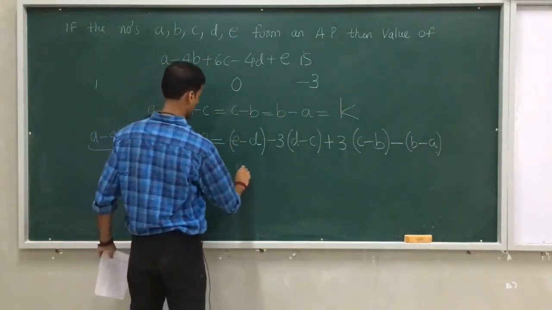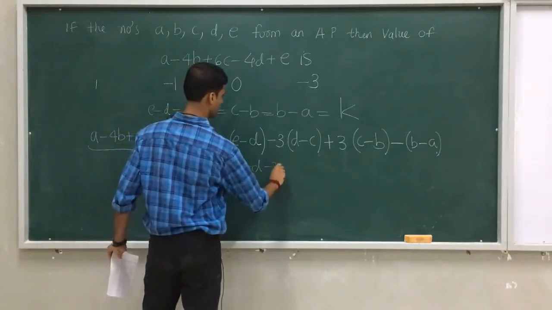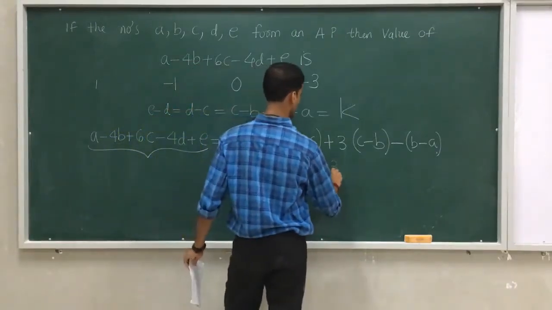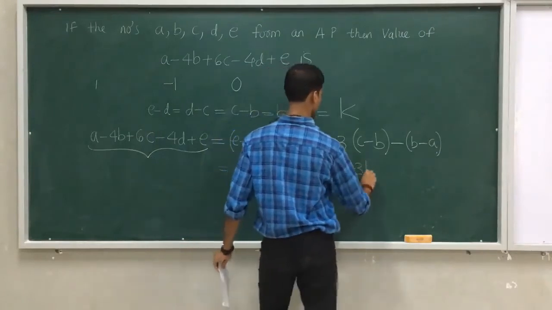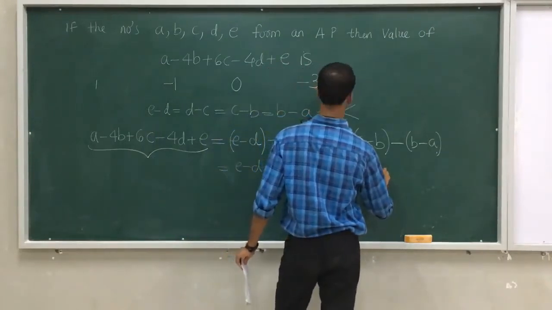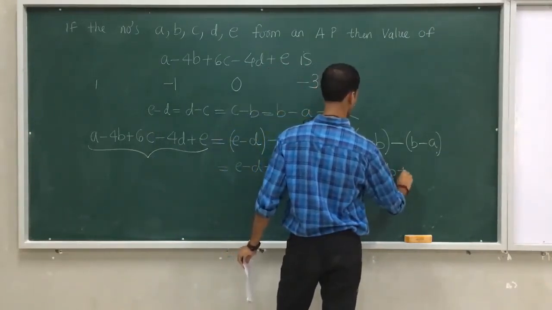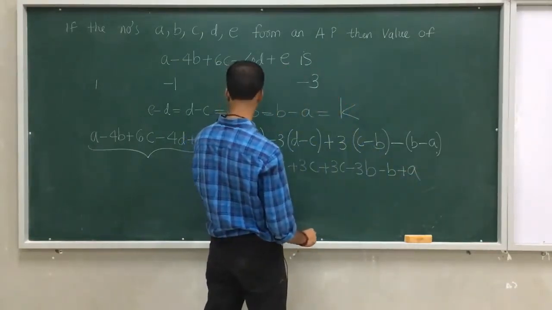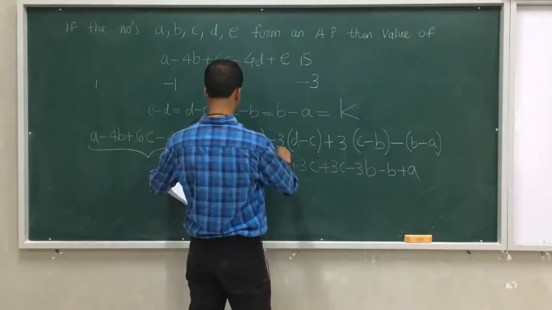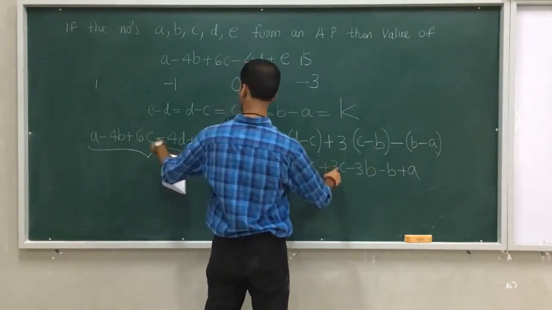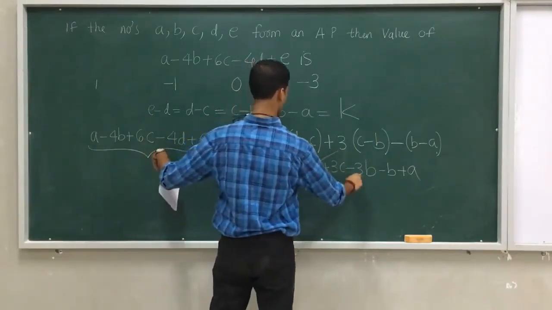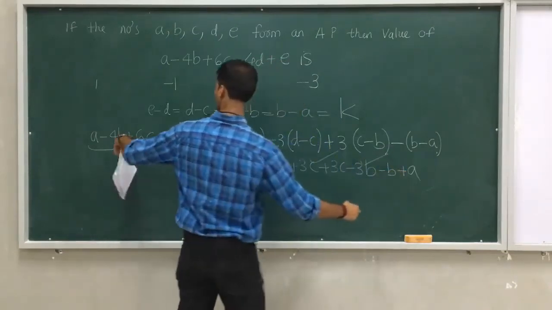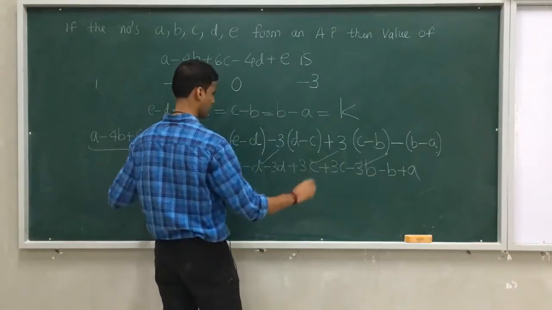When you simplify, E minus D minus 3D plus 3C plus 3C minus 3B minus B plus A. So minus D minus 3D is minus 4D, 3C plus 3C is 6C, minus 3B minus B is minus 4B, and E plus A we got as it is.